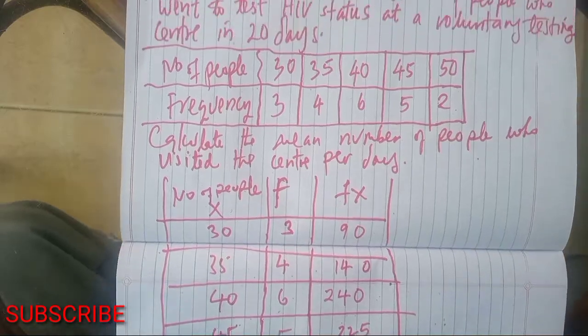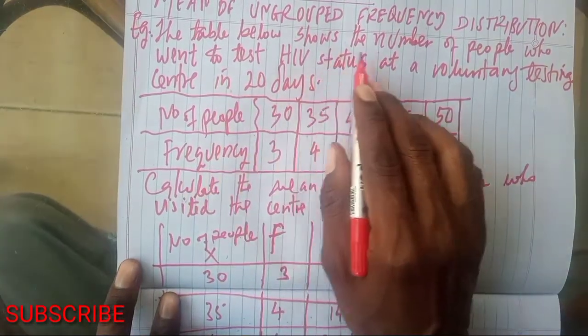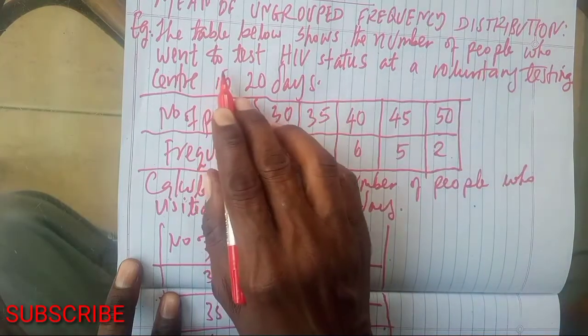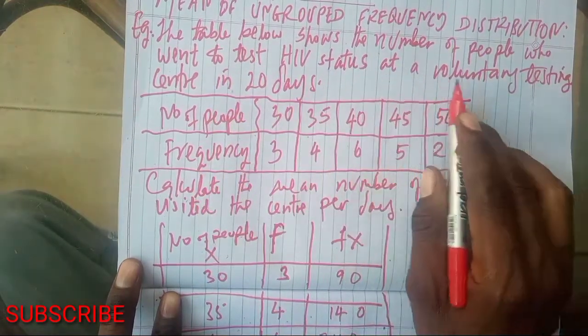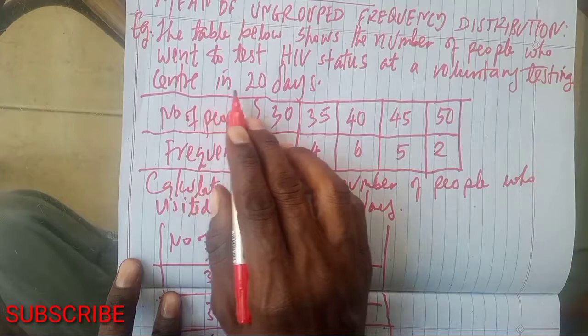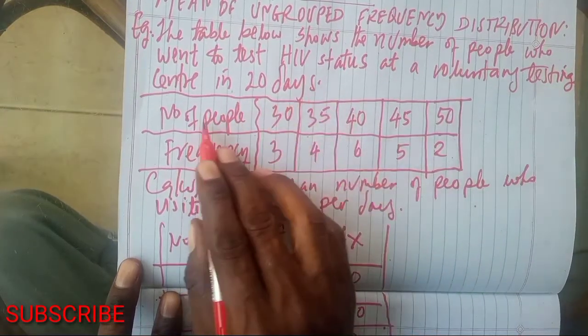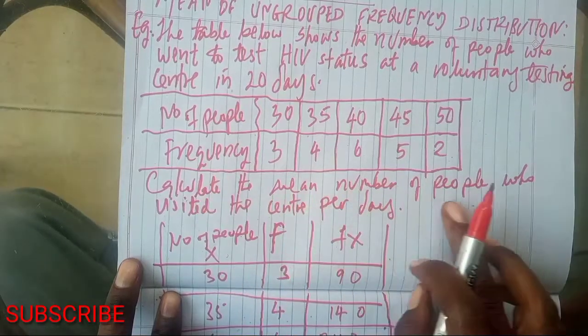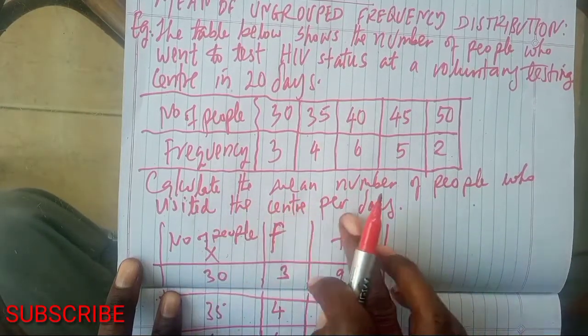From the question, the table below shows the number of people who went to test the HIV status at a voluntary testing center in 20 days. Calculate the mean number of people who visited the center per day.